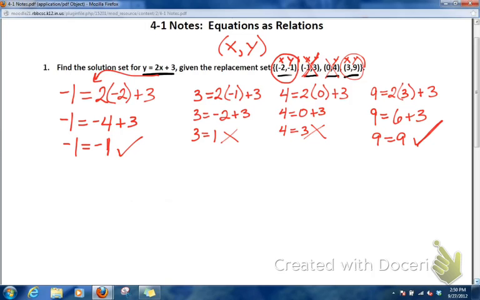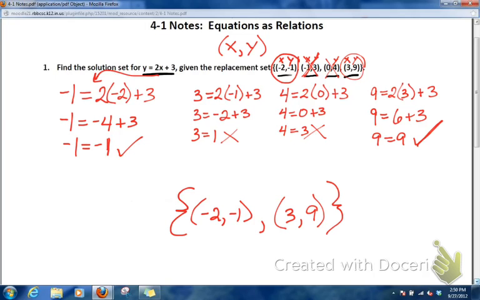Now, the problem says to find the solution set, so you're going to give your answer as a solution set. There's your set bracket notation. The solution set is the ordered pairs -2, -1, and the other ordered pair 3, 9, and then close your set notation.